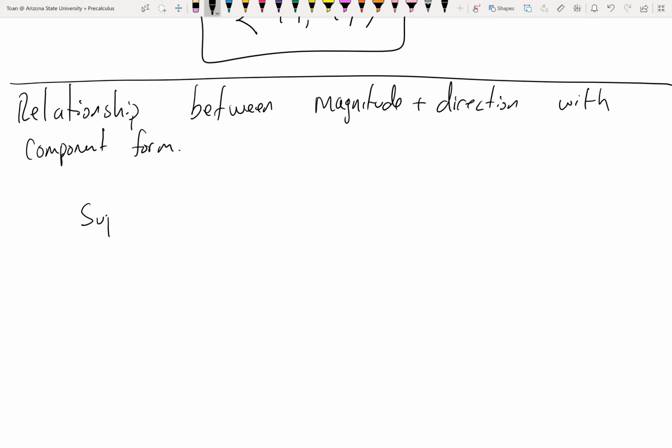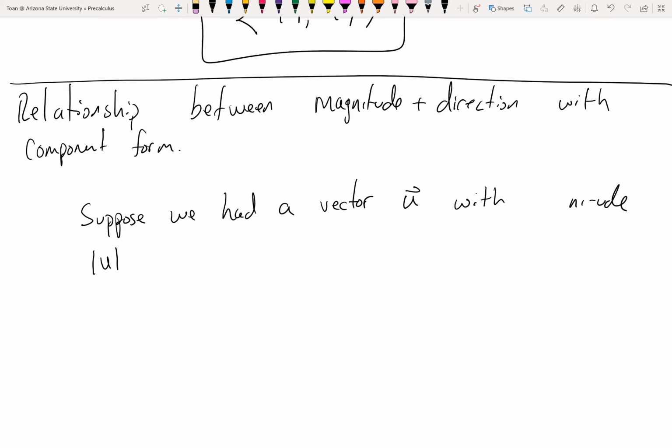All right, so suppose we had a vector u with magnitude, absolute value. Actually, let's put this on one line.